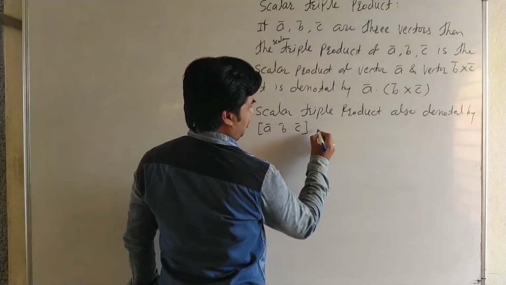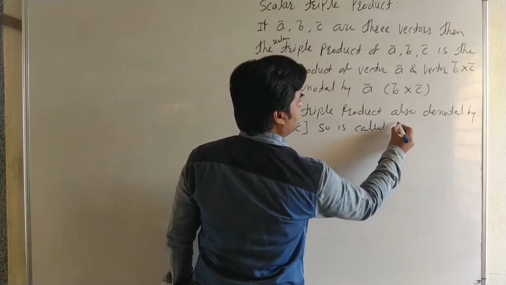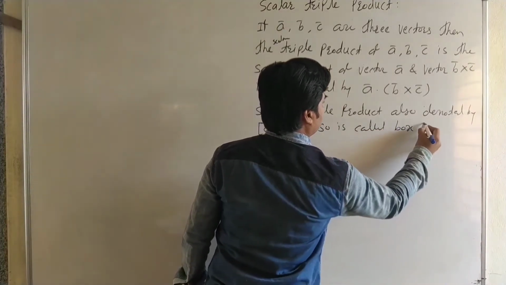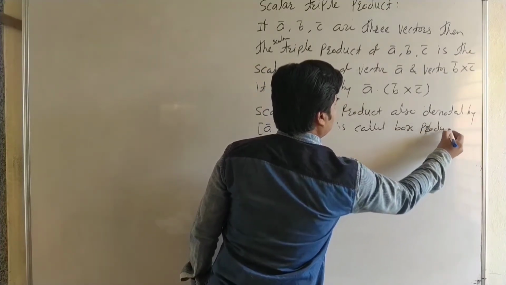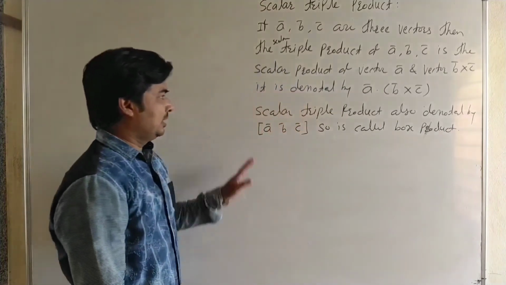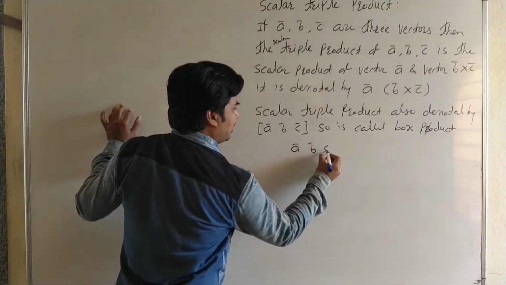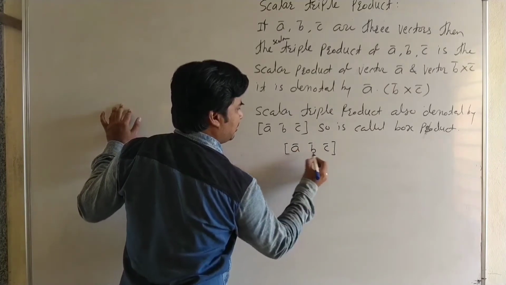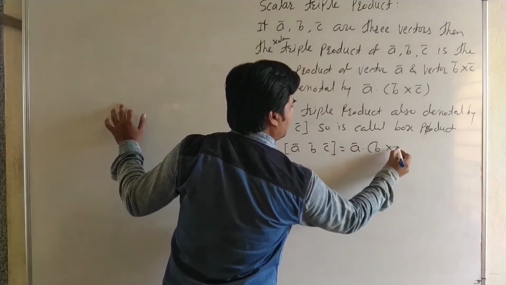So it is called box product. That means when we write A bar, B bar, C bar, it is a box product. That means A bar dot B bar cross C bar.